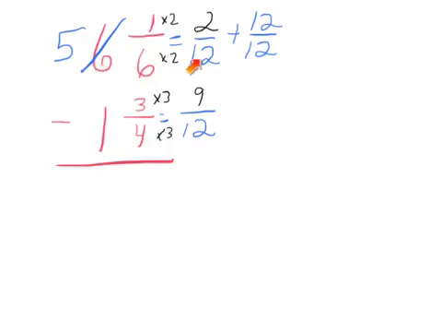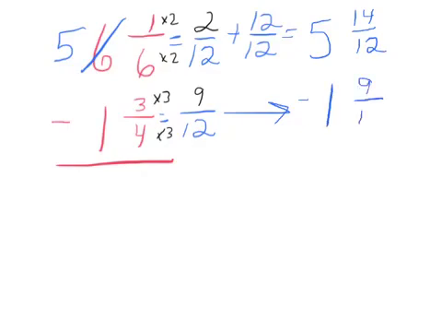And I chose twelfths because all my denominators have 12. So when I rename it, I get 5 and 14 twelfths. And then I'm going to bring this part of my subtraction problem over. Take away 1 and 9 twelfths. And then I'm going to subtract. 14 take away 9 is 5 twelfths. And 5 take away 1 is 4. And I'm done.